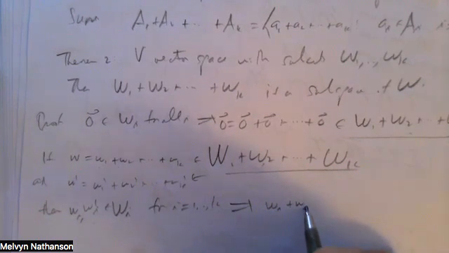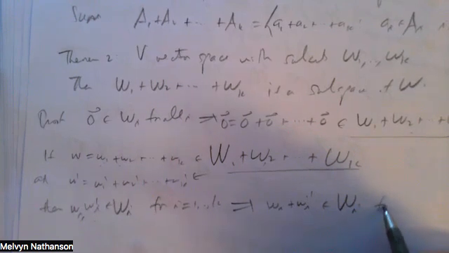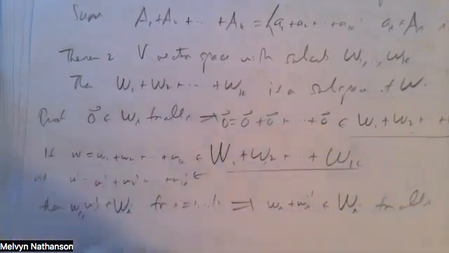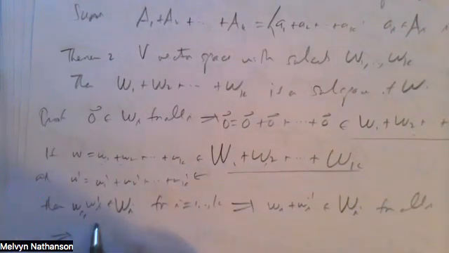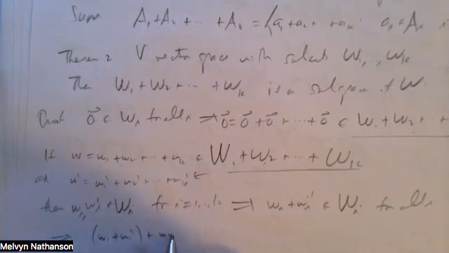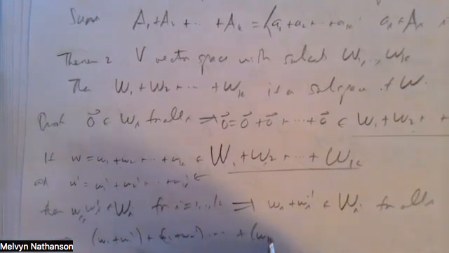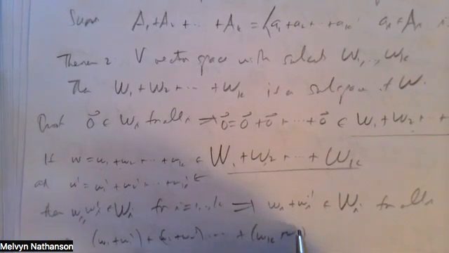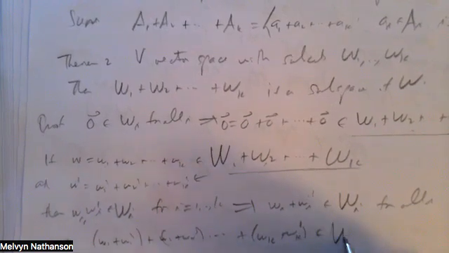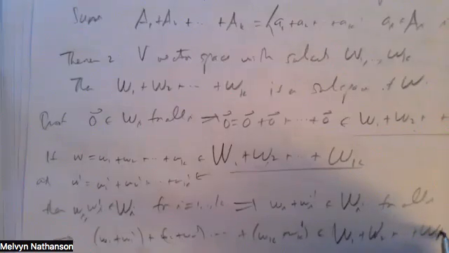So Wi plus Wi prime is in the subspace Wi for all i, which means if I take W1 plus W1 prime plus W2 plus W2 prime up to WK plus WK prime, that's in the sum of these subspaces.